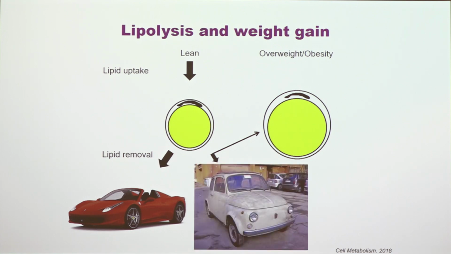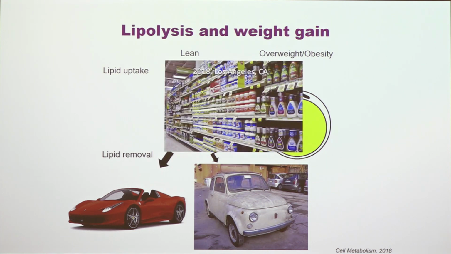But remember that this doesn't say that one thing is good and the other one is bad, because this is all based on how our stores look today, our supermarkets. We have 32 different kinds of mayonnaise. And of course, under these circumstances, it's really bad to look like a Fiat Cinquecento.